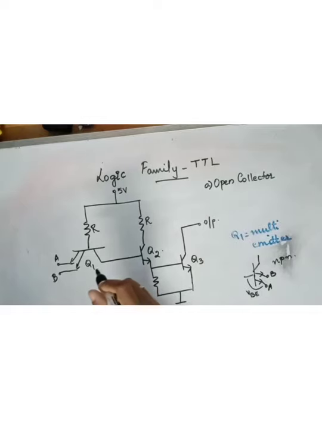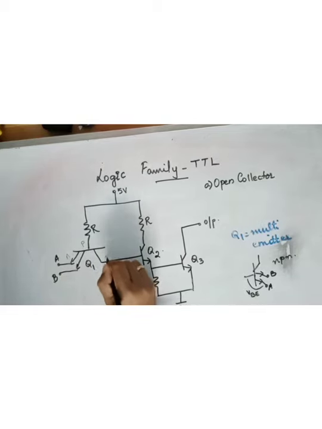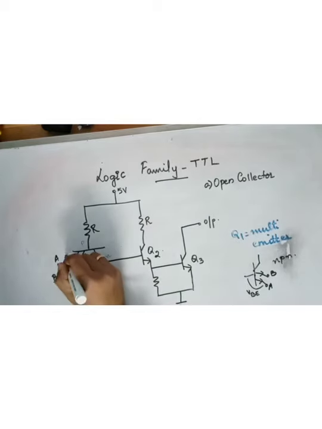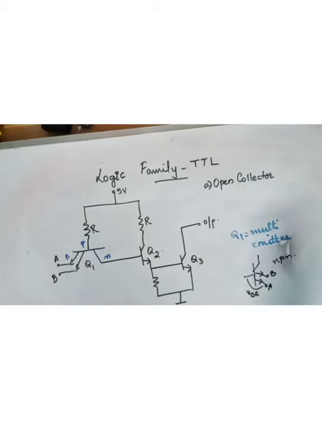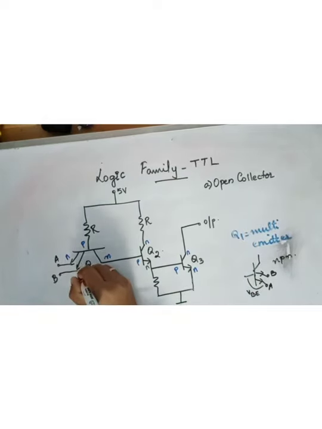NPN transistor means emitter base collector, N, P, N. So this is N, this is P, and this is N. This is also N. Okay.